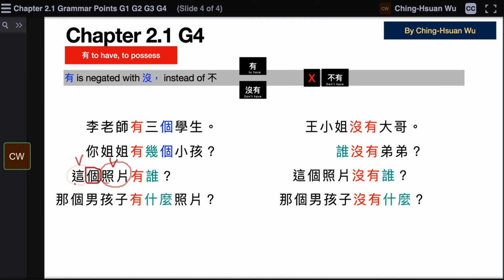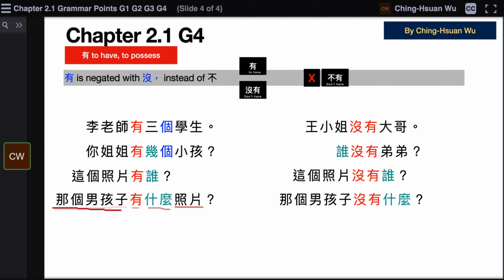Therefore, instead of saying 这照片, you have to say 这个照片有谁. Next, 那个男孩子有什么照片? That boy has what photo. It means what photo does that boy have?